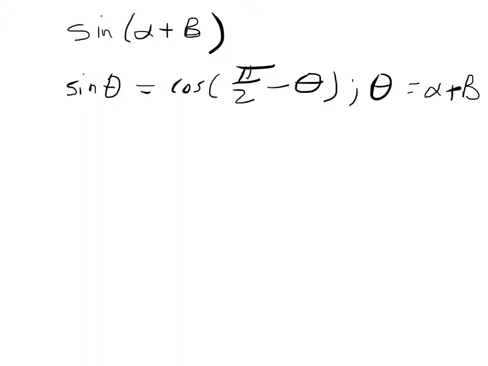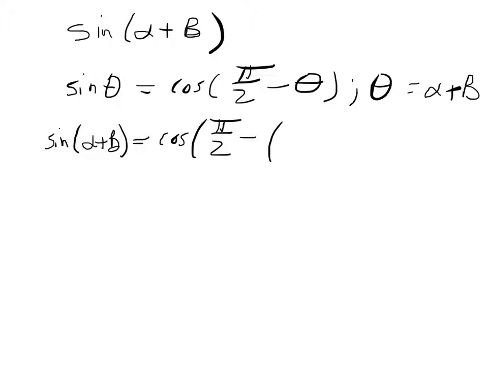So our next step then would be to say that the sine of alpha plus beta equals the cosine of pi over 2 minus alpha plus beta, and I'm going to group that alpha plus beta together as follows: minus the quantity alpha plus beta, like so.